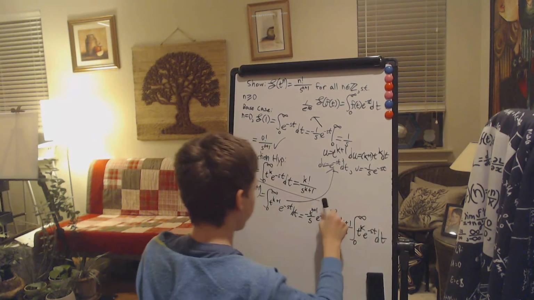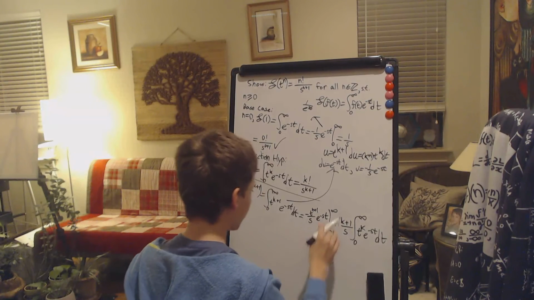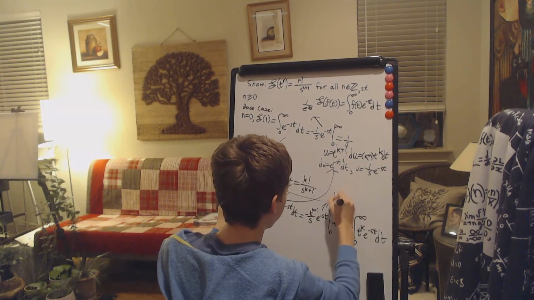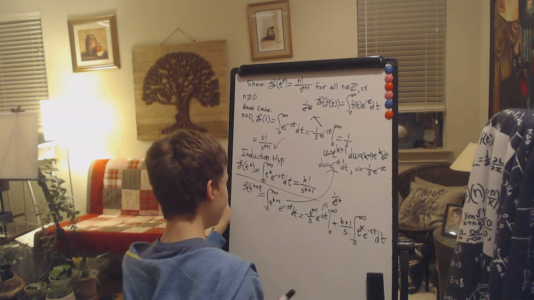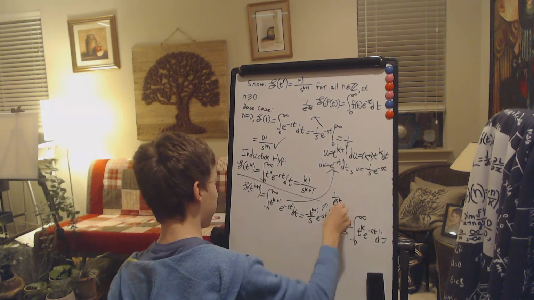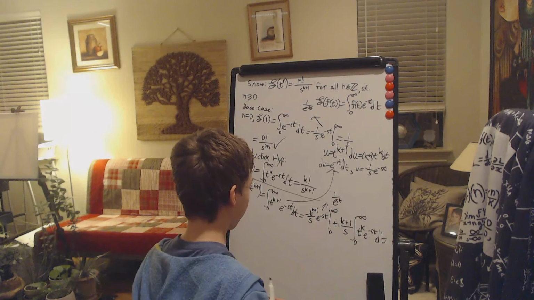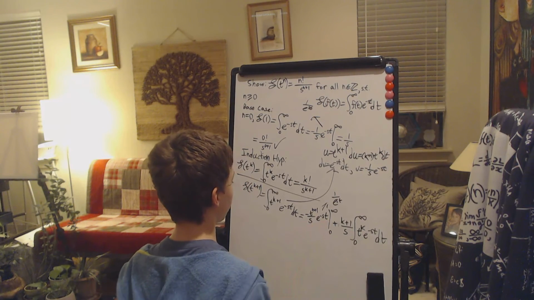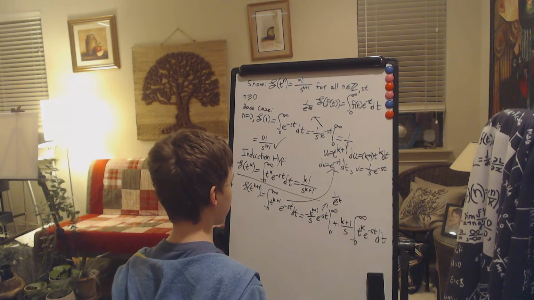Okay, so now let's plug this in. By the same logic from earlier, we have 1 over e to the st. It's pretty easy to see that this exponential function will clearly grow much faster than this polynomial function. Thus, whenever t approaches infinity, this goes to 0.